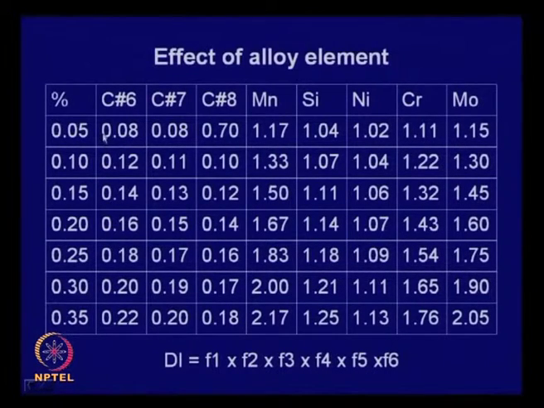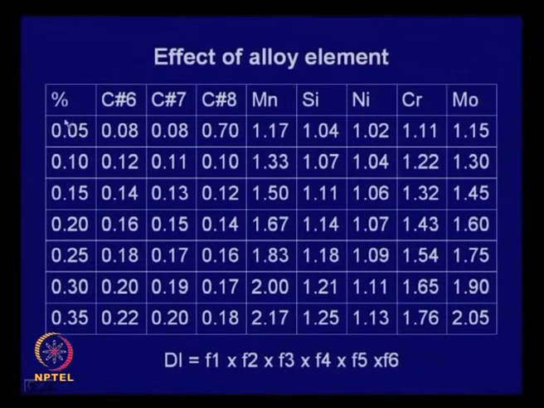Now, any alloy element you add helps improve the hardenability. In fact, one of the primary reasons for adding alloy elements to steel is to improve its hardenability. As you see, suppose manganese, you go on increasing manganese. These are the hardenability factors.